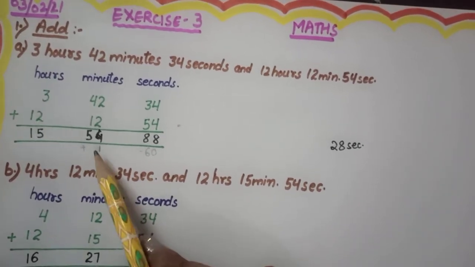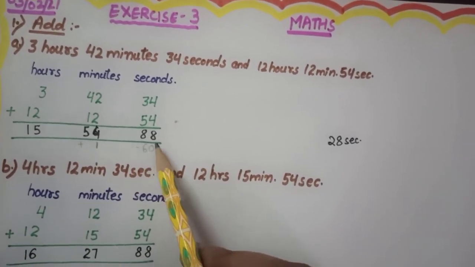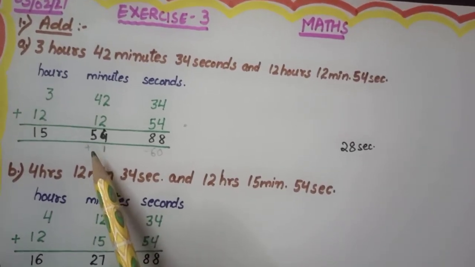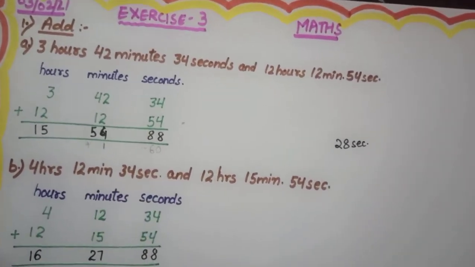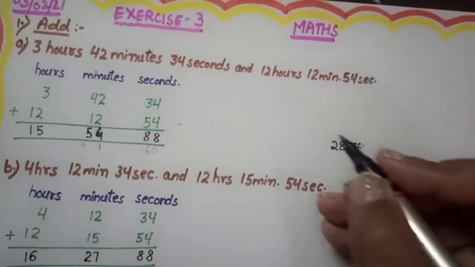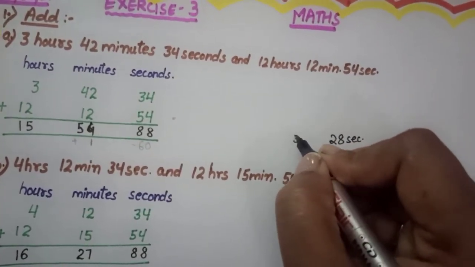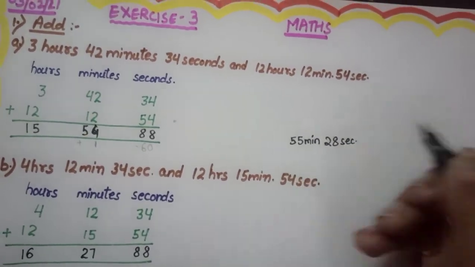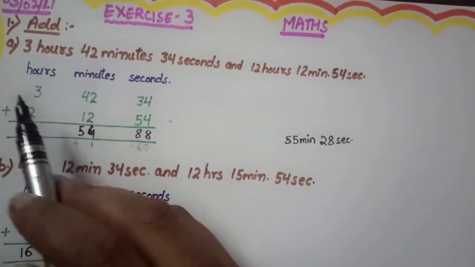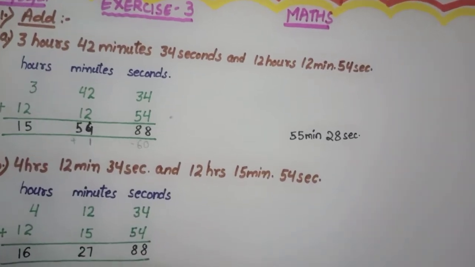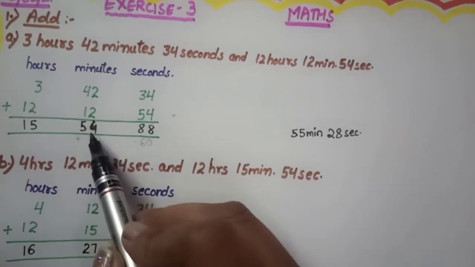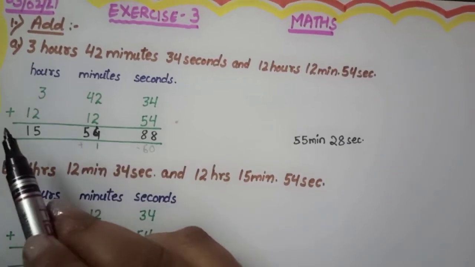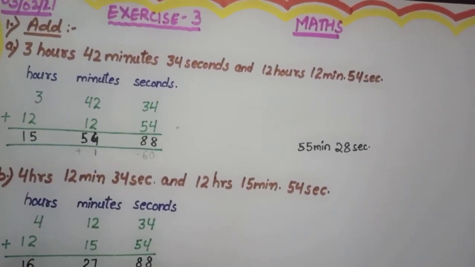So it will become 55 minutes. And this hours part will remain as it is, because we have 55 over here. It is less than 60, so we will not give anything to this part.